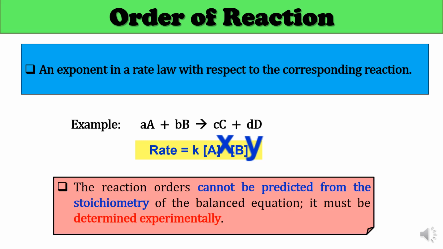Order of reaction cannot be predicted from the stoichiometric coefficient of the balanced equation. It can be determined from experiment.